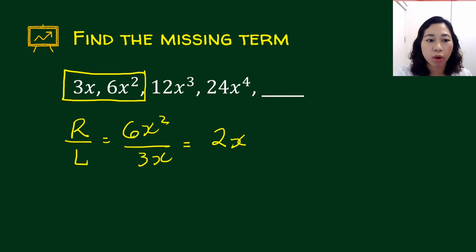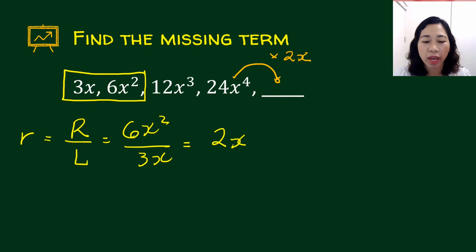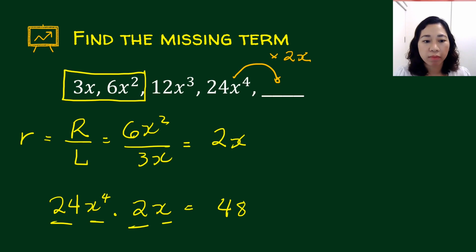So that is our common ratio, 2x. Alright? So therefore, what is the next term? You multiply it by 2x. What is 24x^4 times 2x? 24 times 2 is 48. x^4 times x is x^5. So that's the answer, 48x^5. Okay.